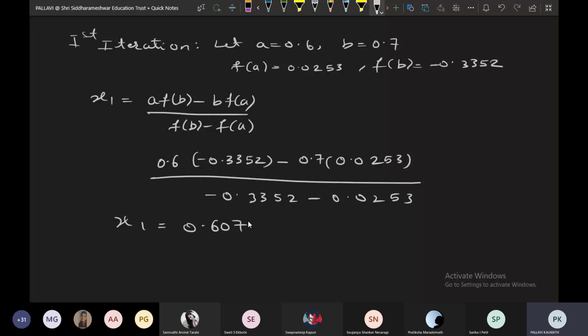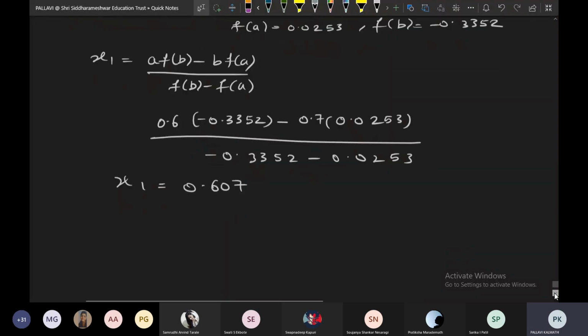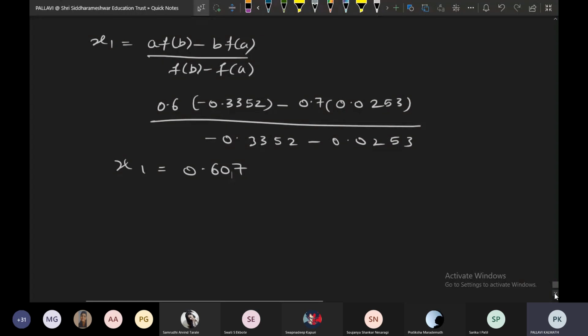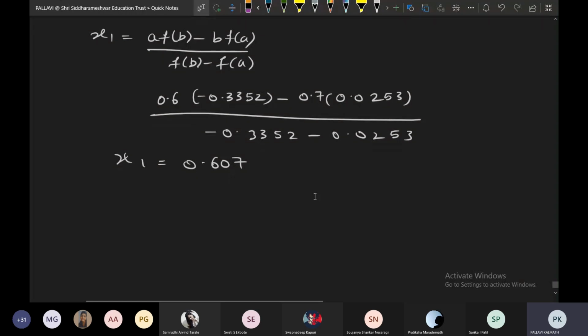See whether all got the same answer. No, it is positive. Check whether you have got negative or positive.